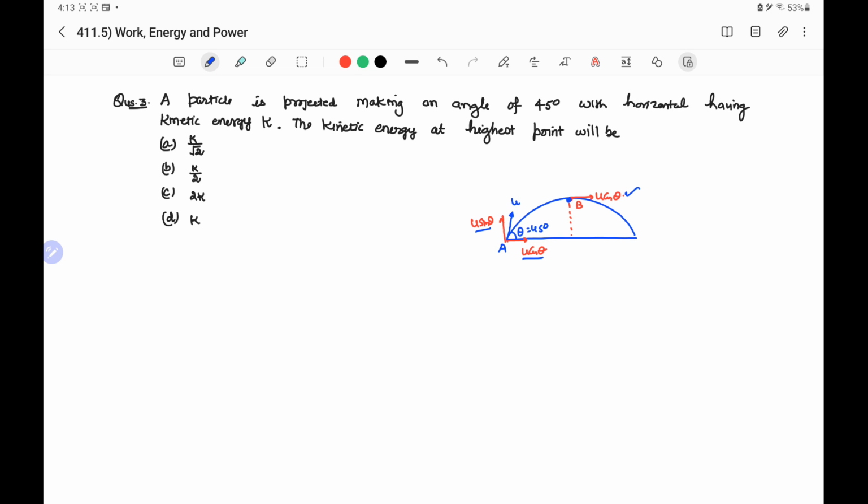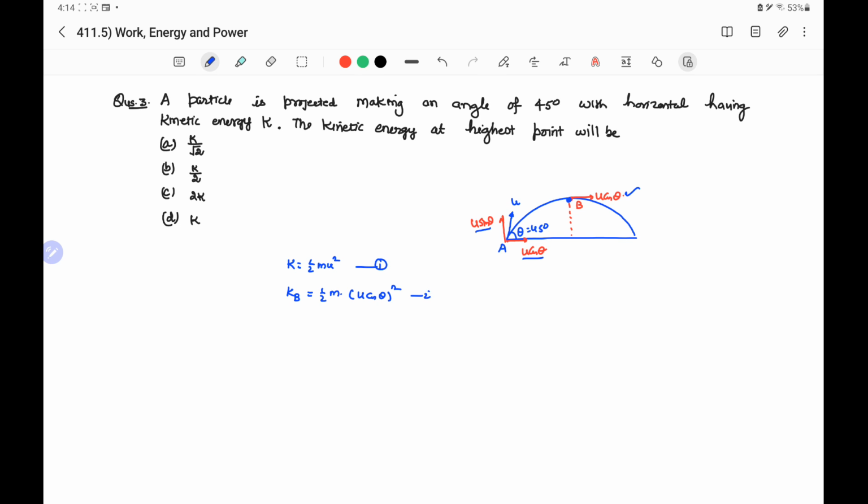So initially when the object is projected at point A, its kinetic energy is half m into u square. This is equation number 1. And when it reaches point B, the only velocity is u cos theta. So we can write K at point B will be equal to half into m into u cos theta square.